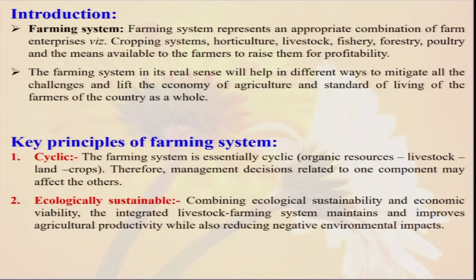In our human body, suppose we have 2 kidneys, 1 heart and 2 lungs. Everyone's role is very much specified. The heart does some work and the kidneys do some work. Like in a farming system, suppose we have a pond. Basically, the pond is used for rearing fish, and this pond water can be used for irrigation and other purposes. Similarly, we have the livestock.